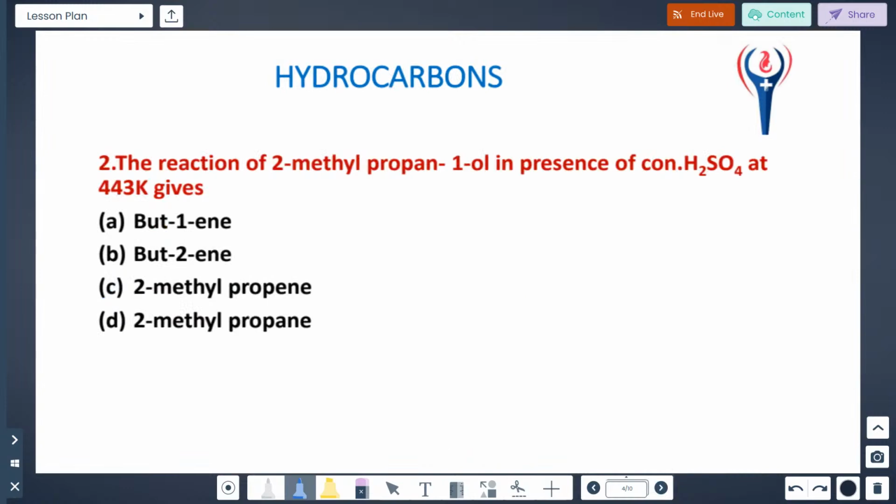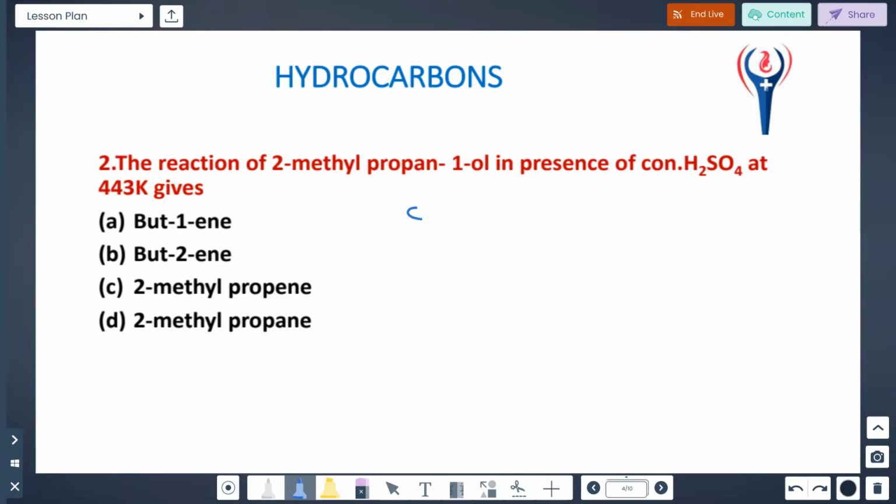Second one: the reaction of 2-methylpropan-1-ol in presence of concentrated sulfuric acid at 443 Kelvin gives. Concentrated sulfuric acid is a dehydrating agent that removes a water molecule. First write 2-methylpropan-1-ol.